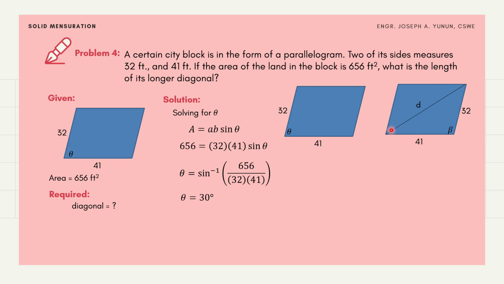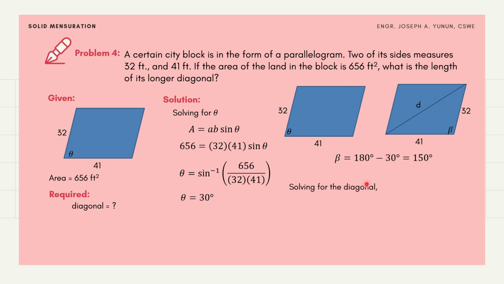Since we are solving for this diagonal, we need to determine the opposite angle of that diagonal, which is beta. Since this is theta, which is 30 degrees, and this full angle is equivalent to 180 degrees, solving for beta: 180 degrees minus 30 gives us 150 degrees.